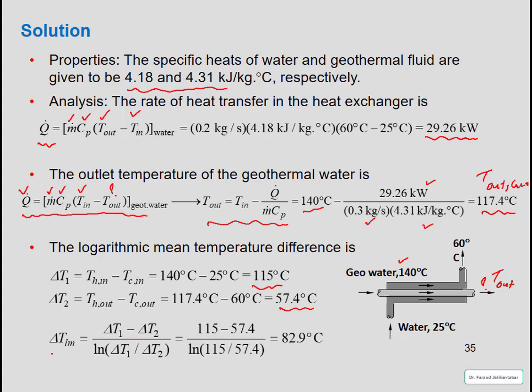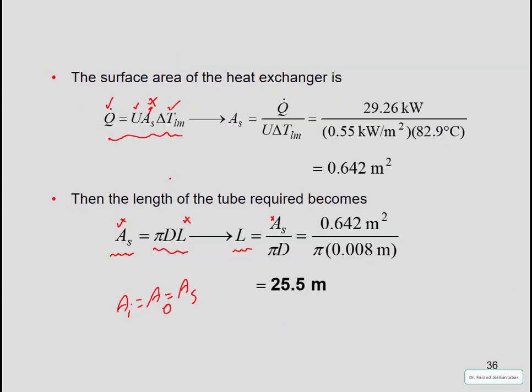And then by using the equation for the logarithmic mean temperature difference, which was delta T1 minus delta T2 divided by ln, or Neperian logarithm, of delta T1 divided by delta T2, we can find the delta T Lm. Okay, now we have all of the information required to put in this equation.